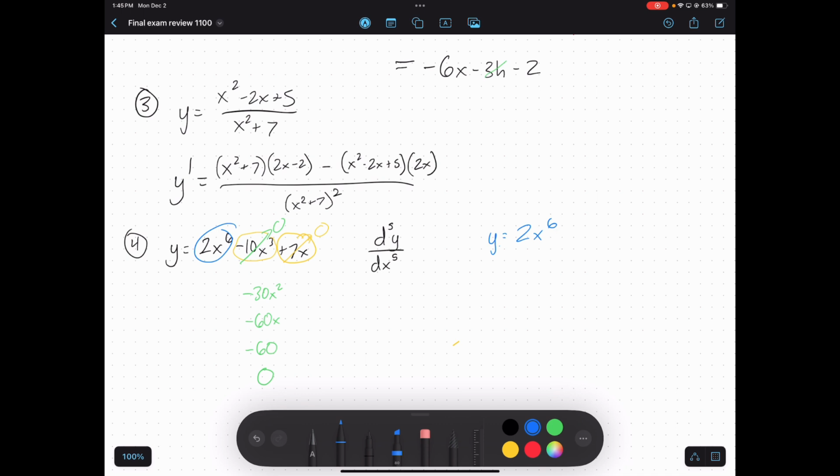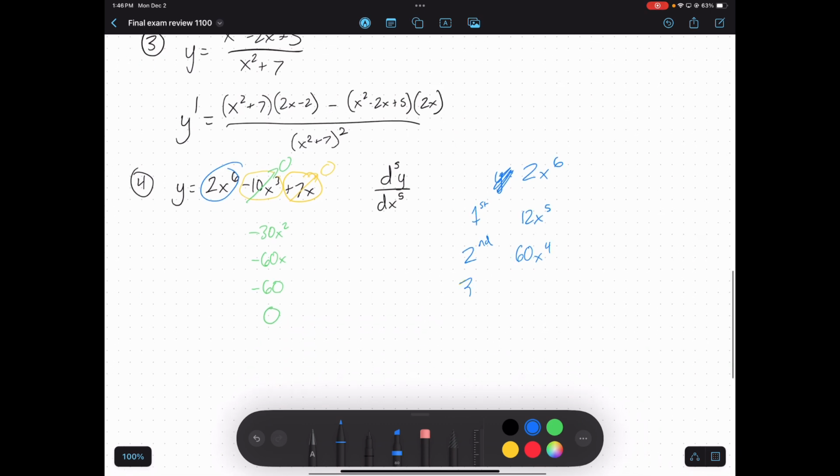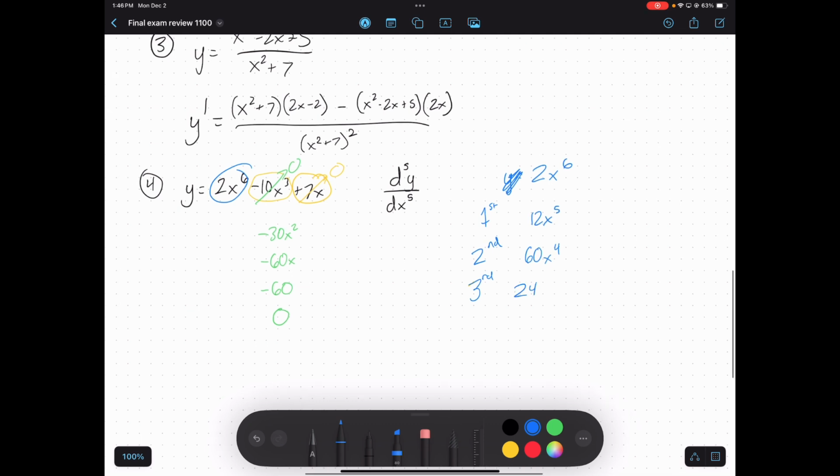So if I think about that term, that's my first term. First derivative? 12x to the 5th. Second derivative? 60x to the 4th. Third derivative? 240, sorry. I should just look at my numbers because I've got all these numbers. 240x to the 3rd.